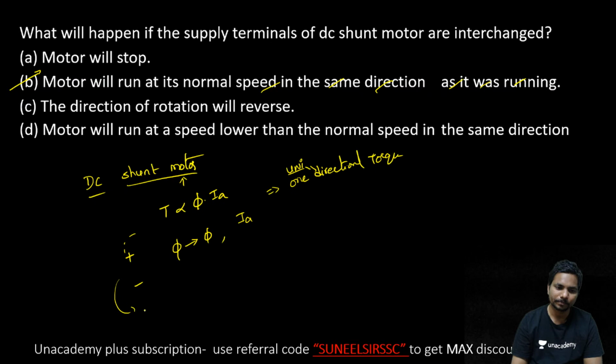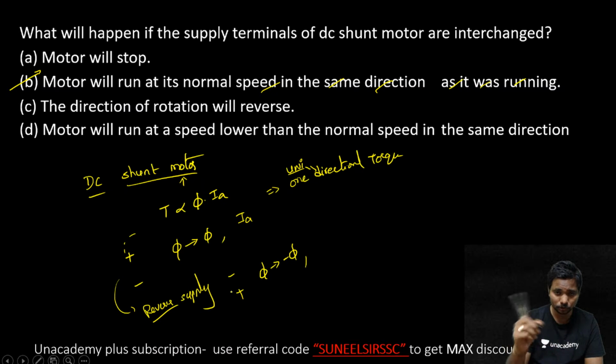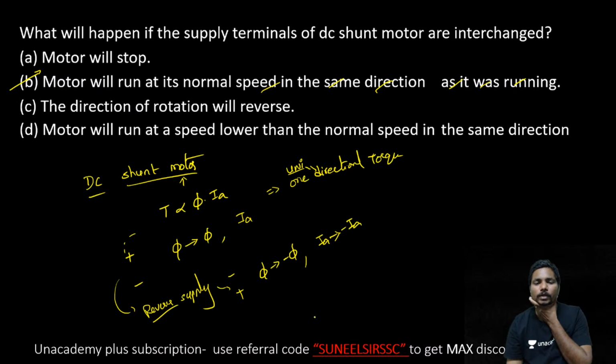If you reverse the supply, that means let us take the minus and plus case, then what about the flux? Flux will be in the reverse direction, because south and north will be reversed. And if you reverse the supply, Ia also becomes negative; its direction changes. So what will be the torque?